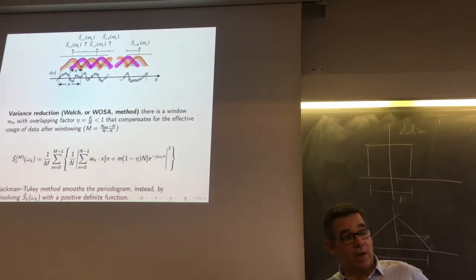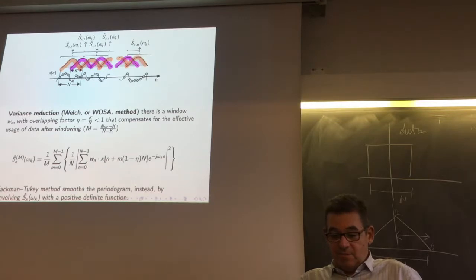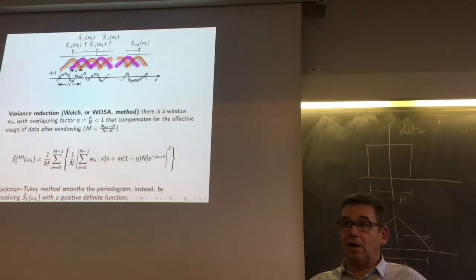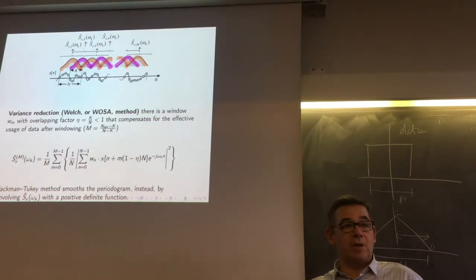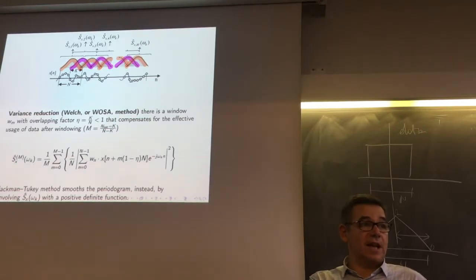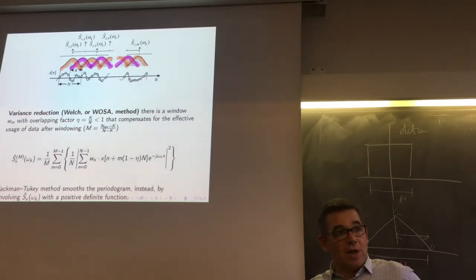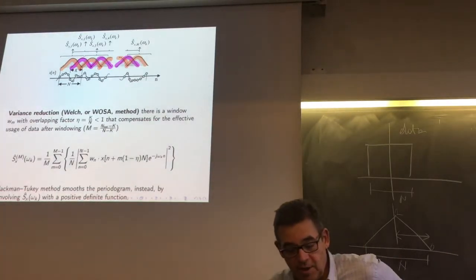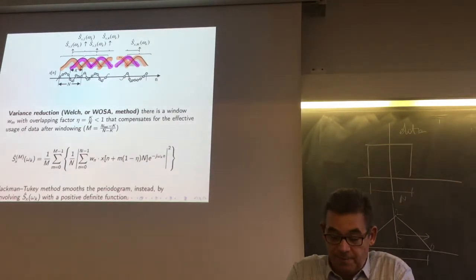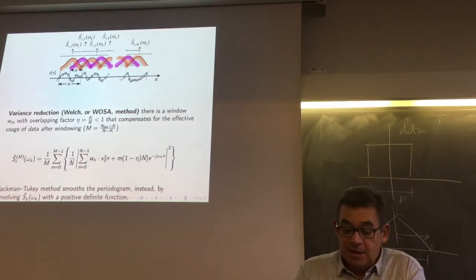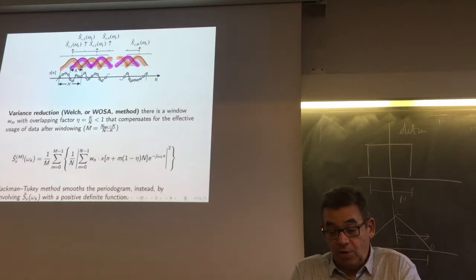I don't spend too much time on going case by case, because you can find a different data set to process, to estimate the power spectral density, and then the rules are perhaps not exactly applied. So this method is also a way to reduce the variance.